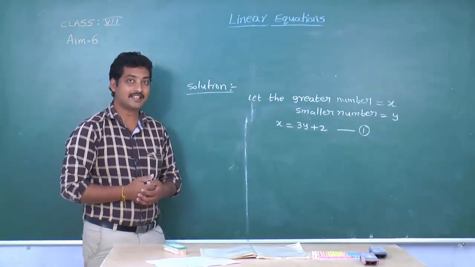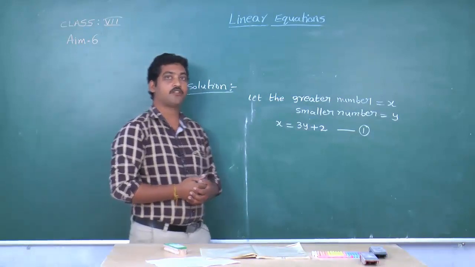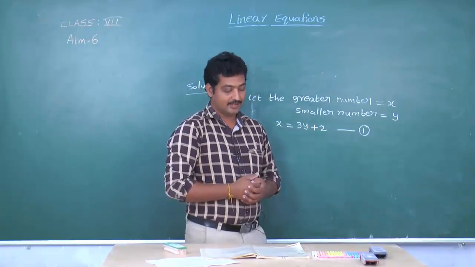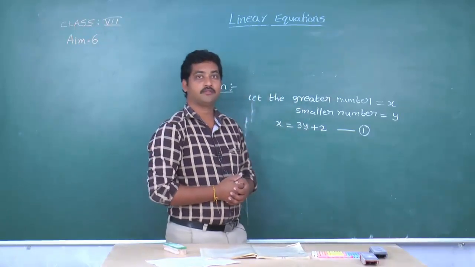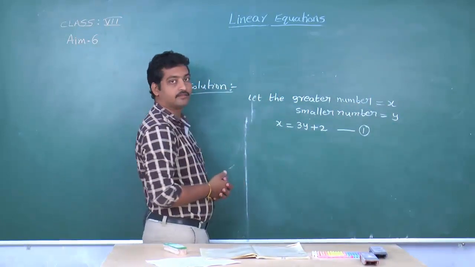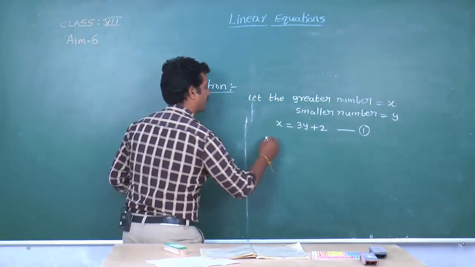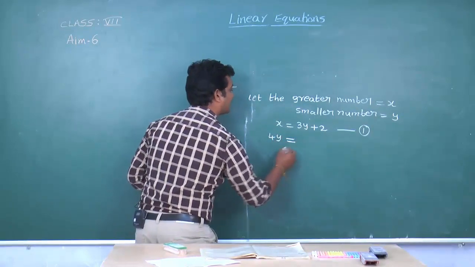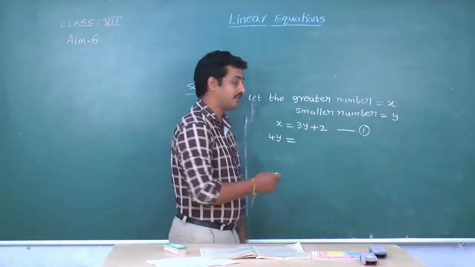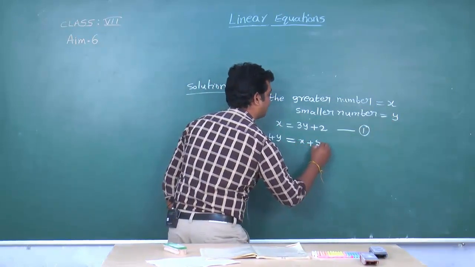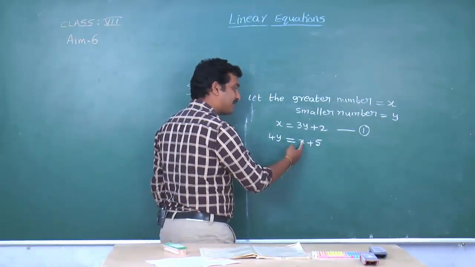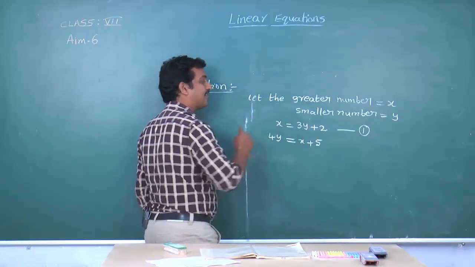Now by reading the second sentence, what do you understand? The smaller number is y. 4 times the smaller number, that is 4y, is equal to exceeds the greater number by 5, that means x plus 5.